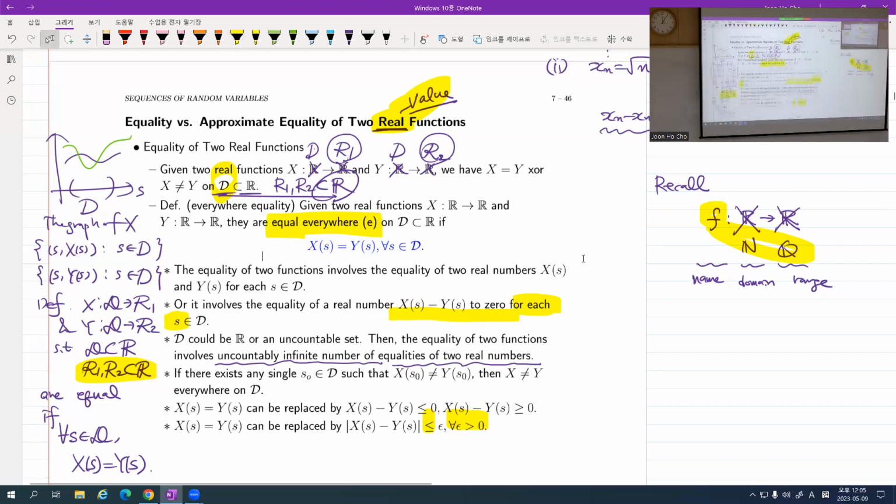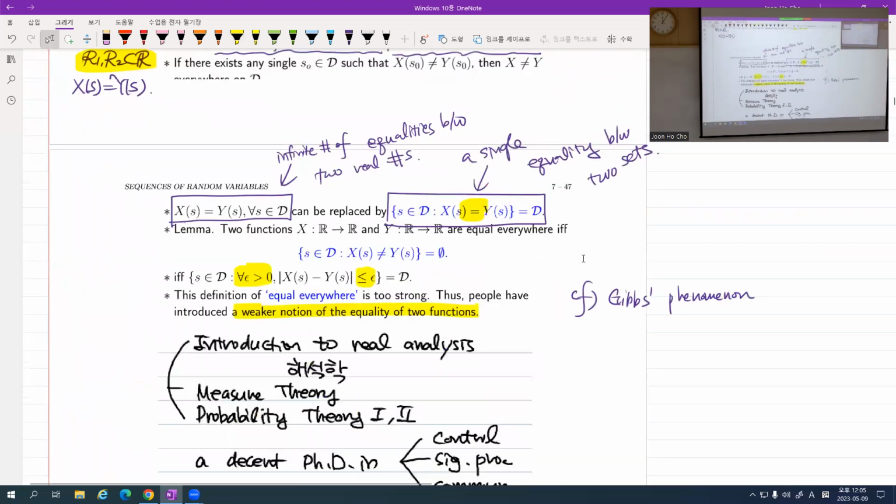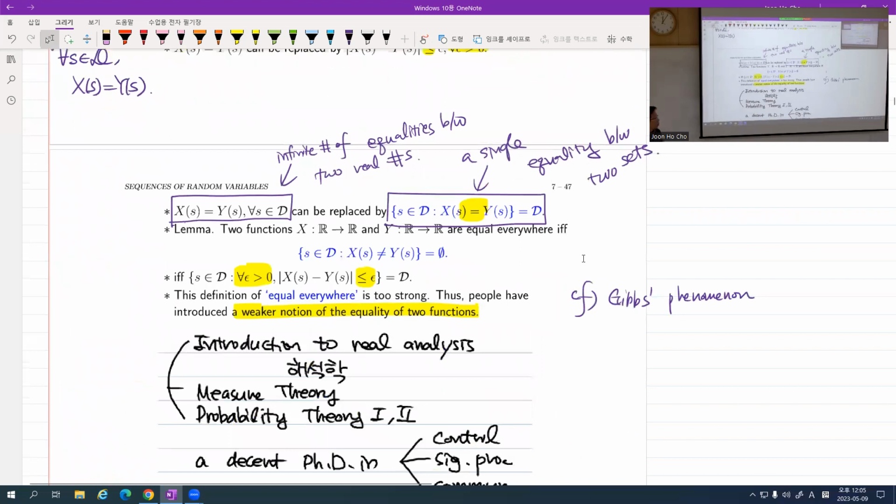Now, we can also talk about that part using a set, okay, set equality. So here, how many equalities of two real numbers appear? Uncountably infinite in general, unless D is a finite or countable set. We are assuming D is an uncountably infinite set, okay?